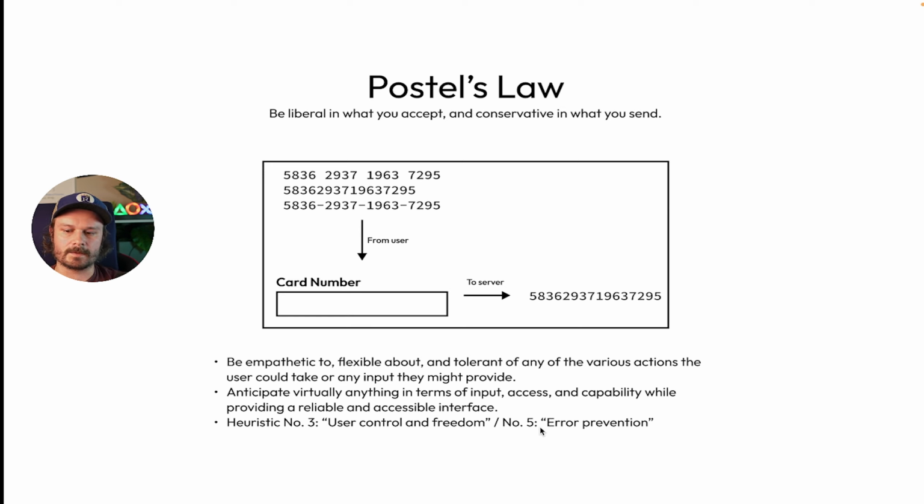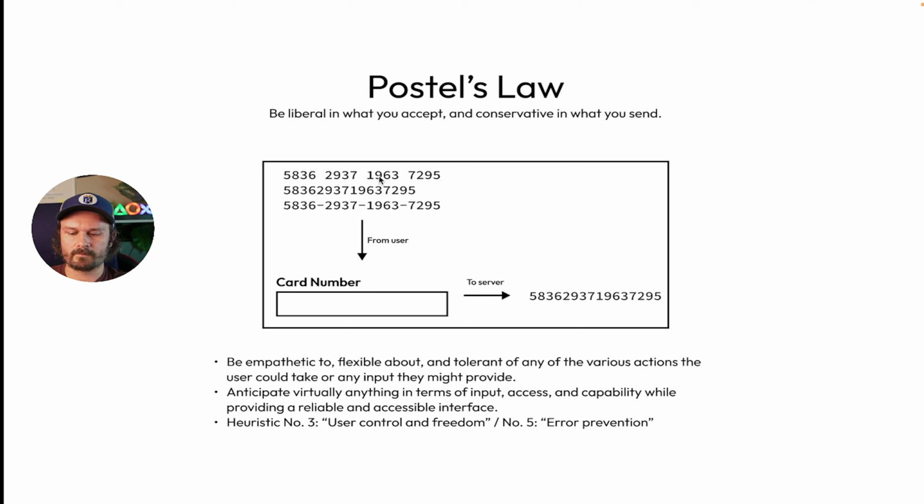And the best way to not have errors is, of course, to have constraints, but then also be open to different input. In this case, with regard to Postel's law, be liberal in what you accept. And so error prevention ties into this by accepting not any, but a wide variety of input methods, in this case, for card numbers.